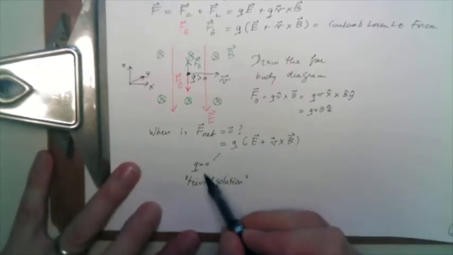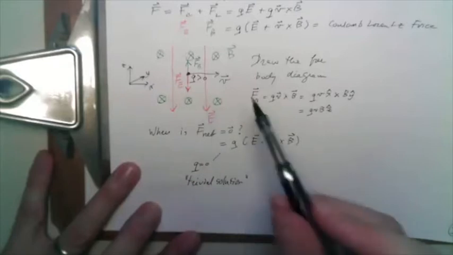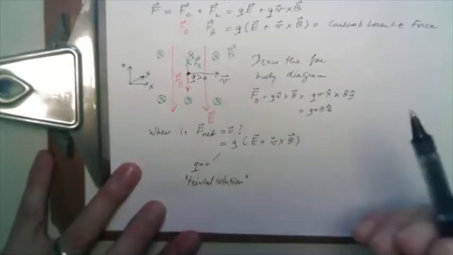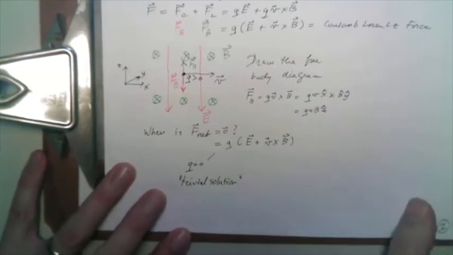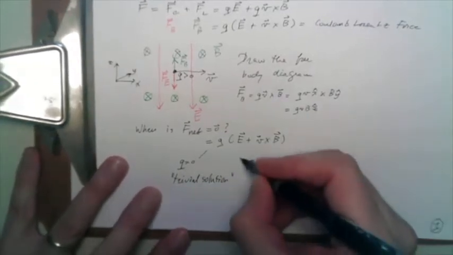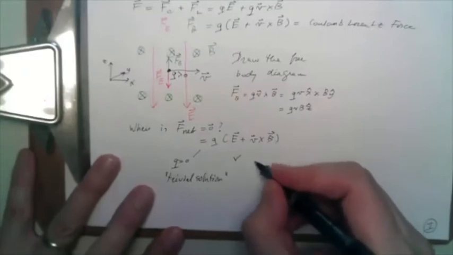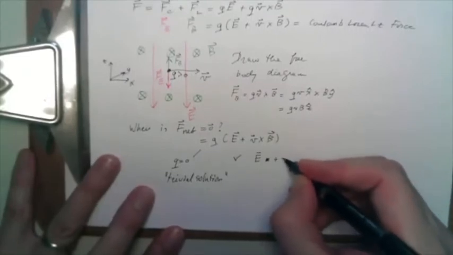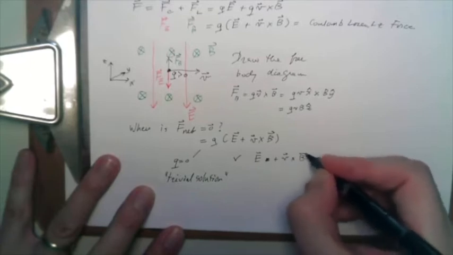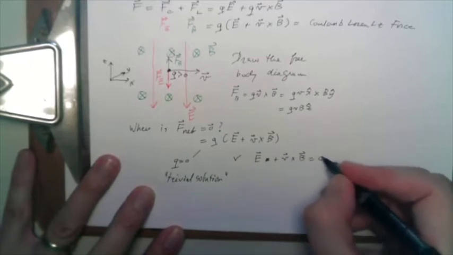It's good to recognize that the net force is 0 if this thing is not charged. But I said that it was charged and it was bigger than 0, so that's a trivial solution, and also does not satisfy our setup. So, or E, oops, plus V crossed with B is 0.